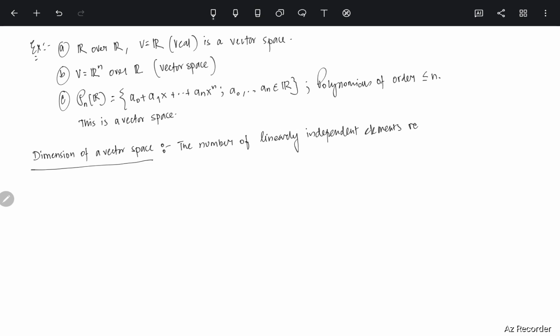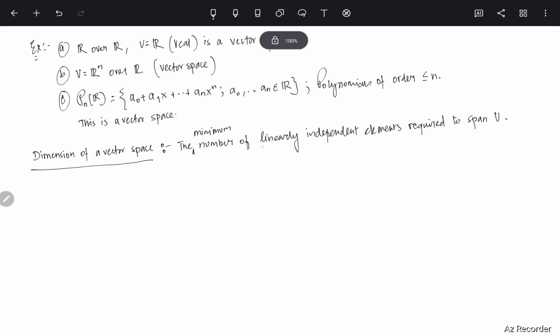So this is the minimum number, let's put it this way, the minimum number of linearly independent elements required to span V.